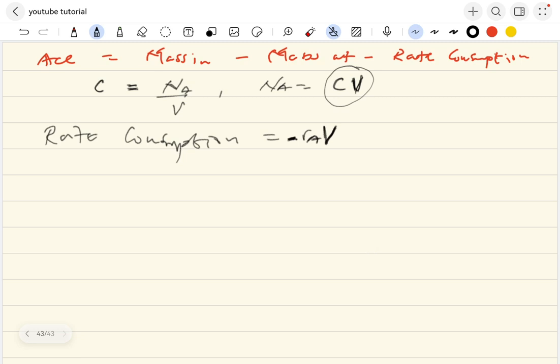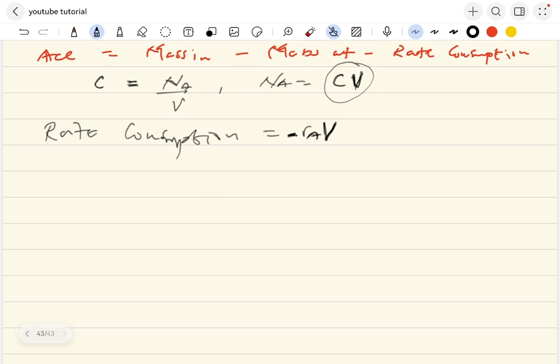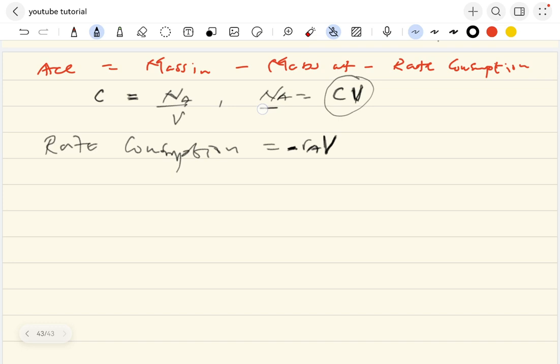So from here, because we are writing everything in terms of moles, we say N_A, which is the rate of mole accumulation, or we can say the rate of mass accumulation. Simple: mass in minus mass out minus the rate of consumption.